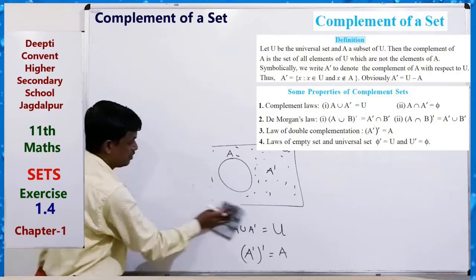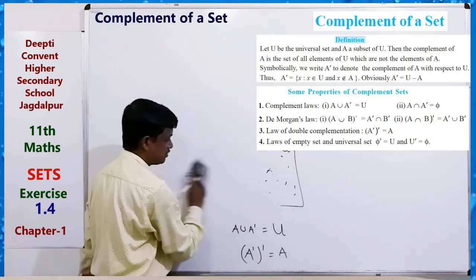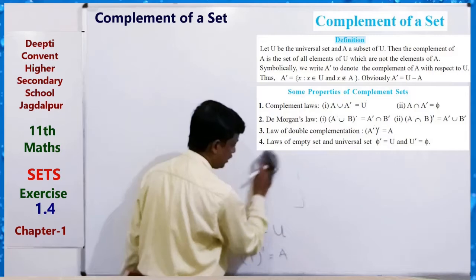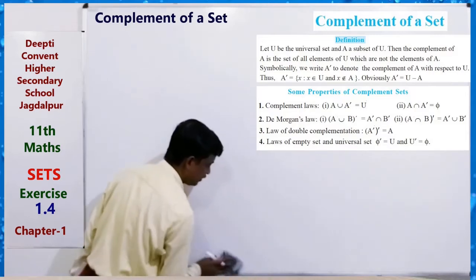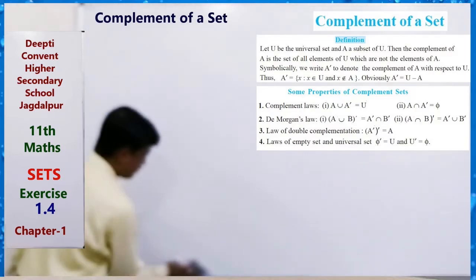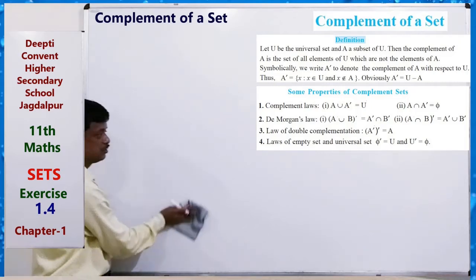Clear? There are union, intersection, and also difference of sets, complement of set, distributive law.